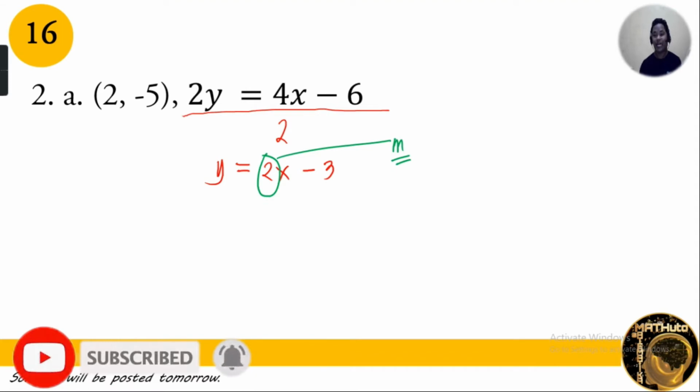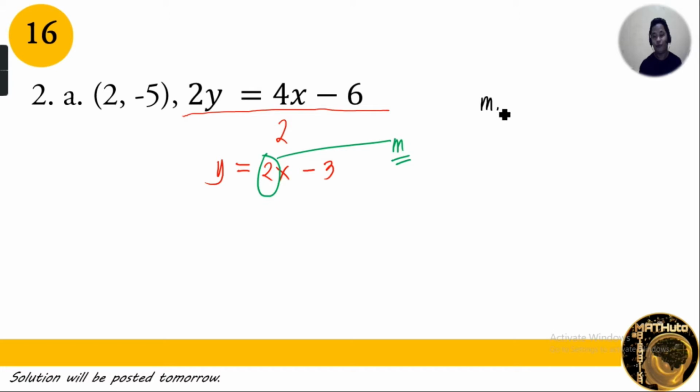Since we're looking for the equation of the line perpendicular, so pag sinabi natin perpendicular, the product of the slope of perpendicular lines is equal to negative 1. So we have the slope of line 1 times the slope of line 2 is equal to negative 1.